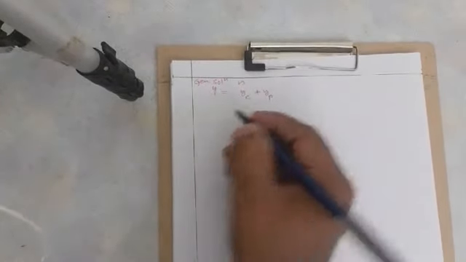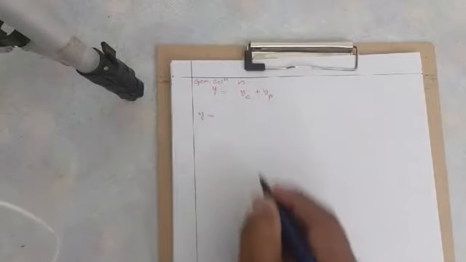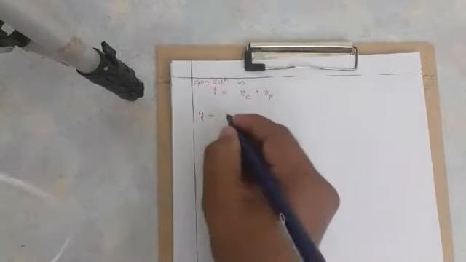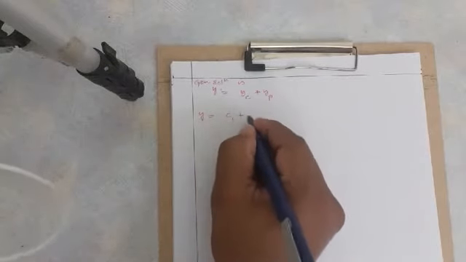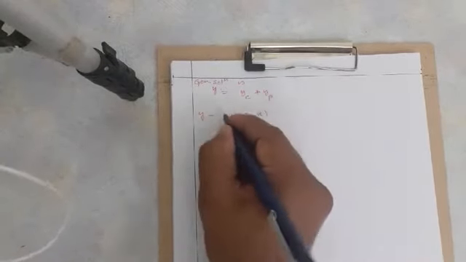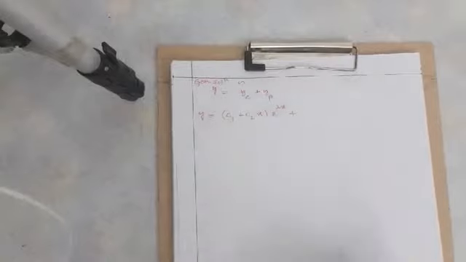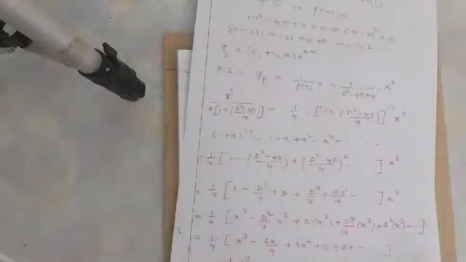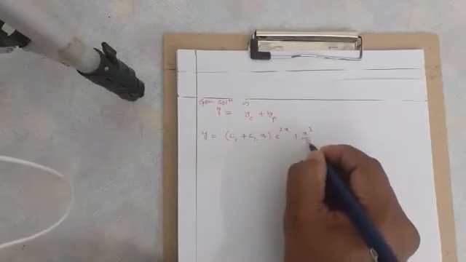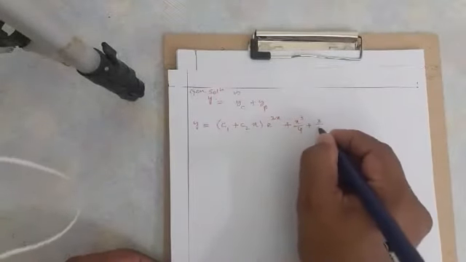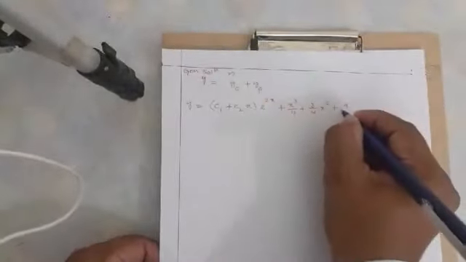Now yc: we got 2 roots, both are equal, so we have written the complementary function as c1 plus c2 x into e power 2x, plus the particular integral we just got, that is x cube by 4 plus 3 by 4 x square plus 9 by 8 x. So this is the answer for case 3.